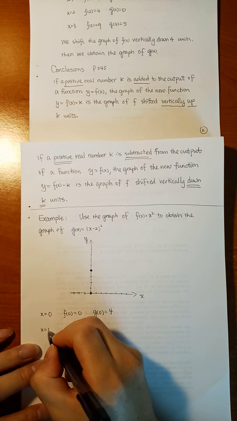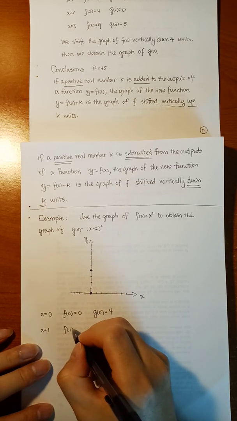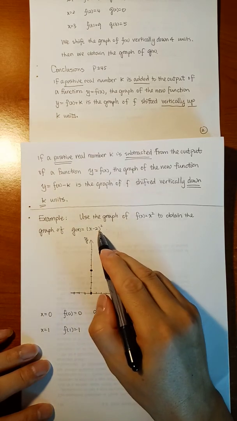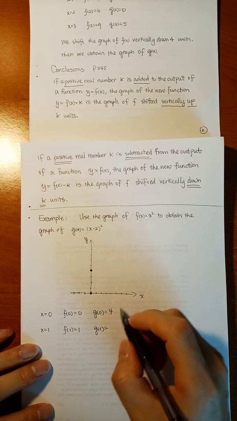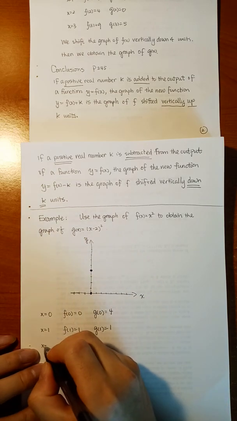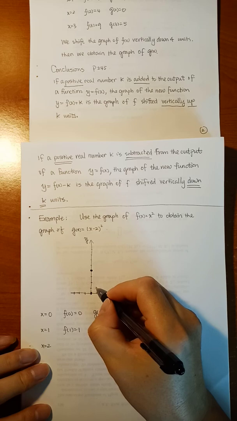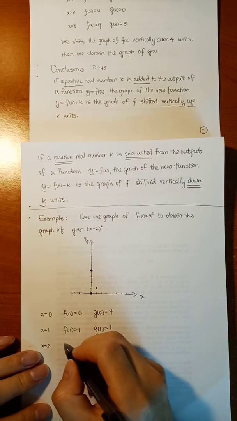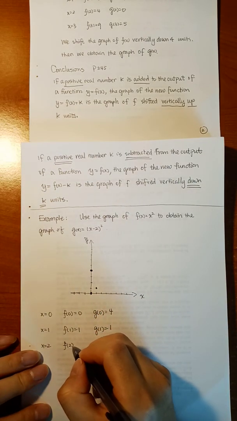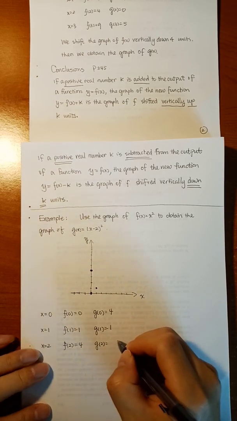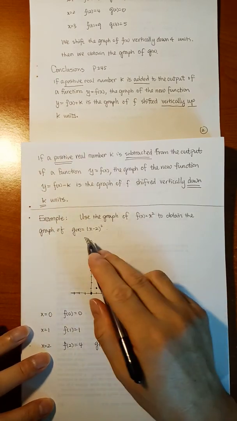And when x is 1, f of 1 is 1. G of 1, 1 minus 2 is negative 1. Negative 1 squared is 1. G of 1 is 1 here. Then when x is 2, f of 2 is 4. And g of 2 is 2 minus 2 is 0.